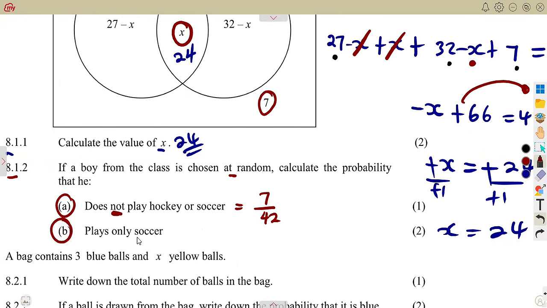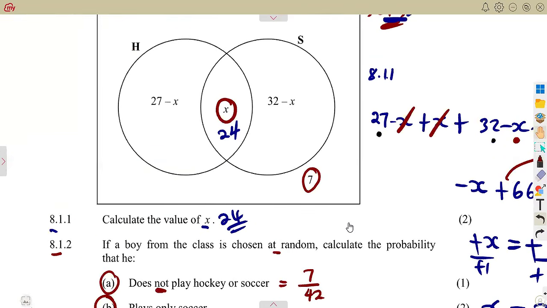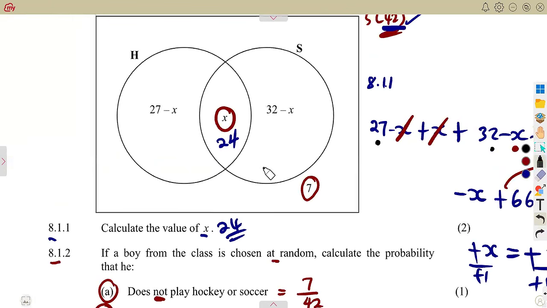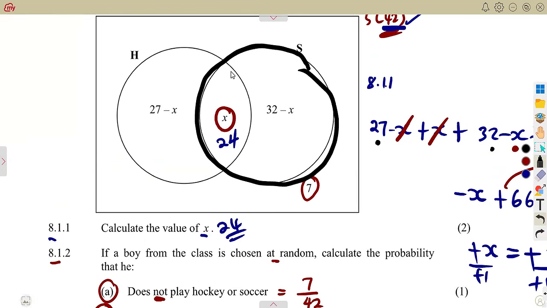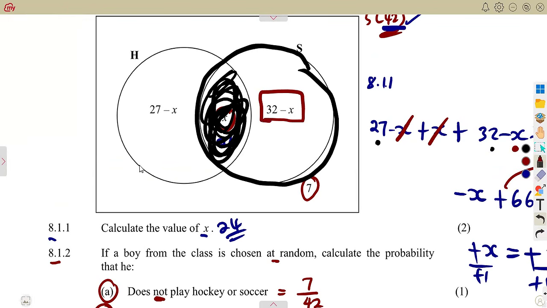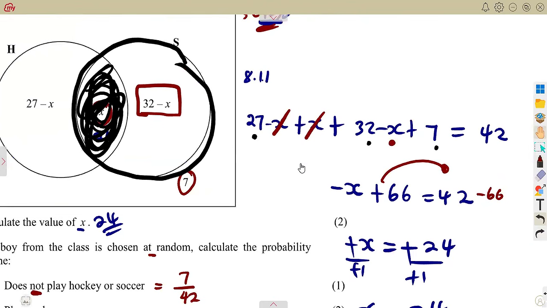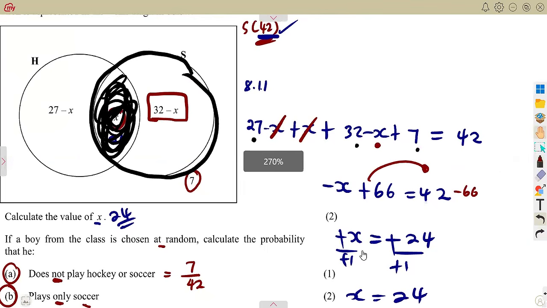B, plays only soccer. Which part is of soccer only? The whole of this set was soccer. But because there are these ones who are playing both, those who play soccer only will be this section of the 32 minus X. But remember, as we calculated, our X was 24.